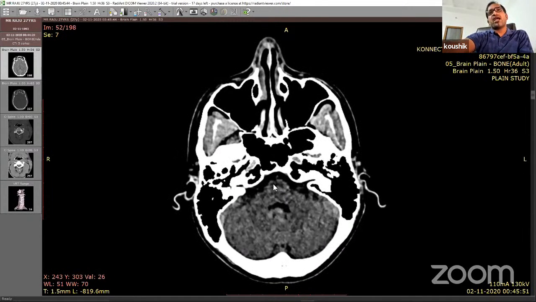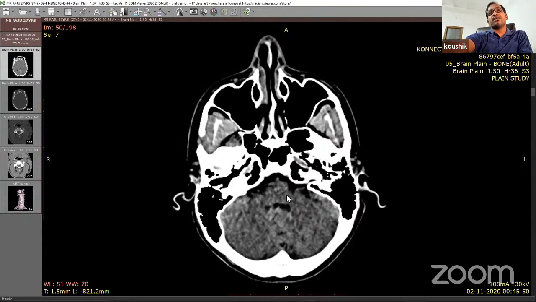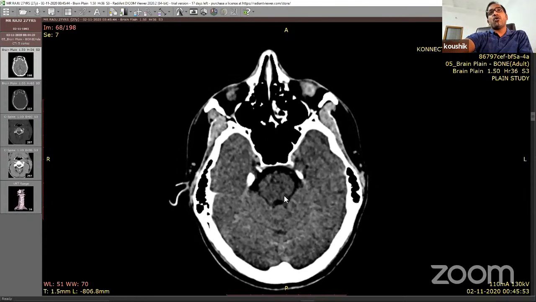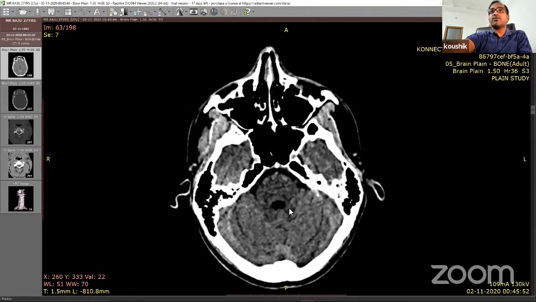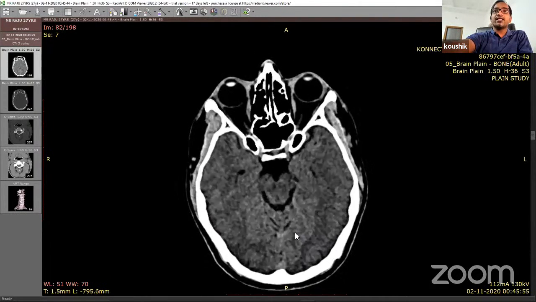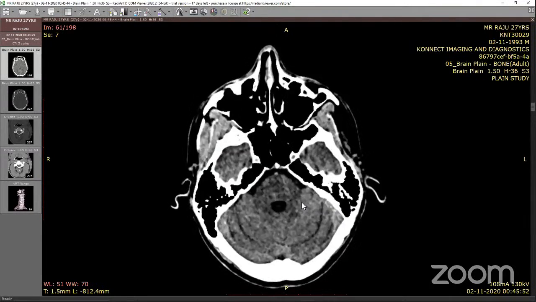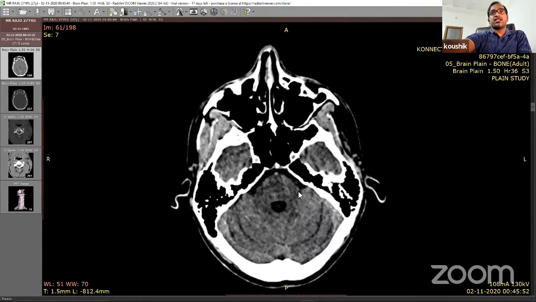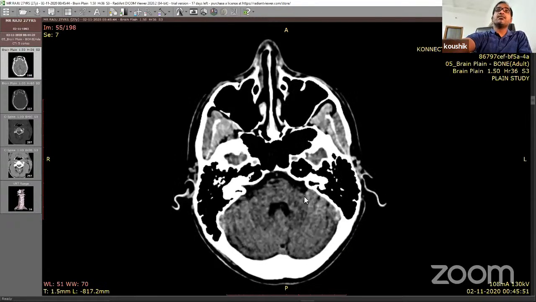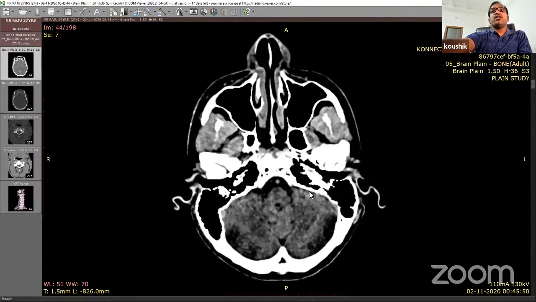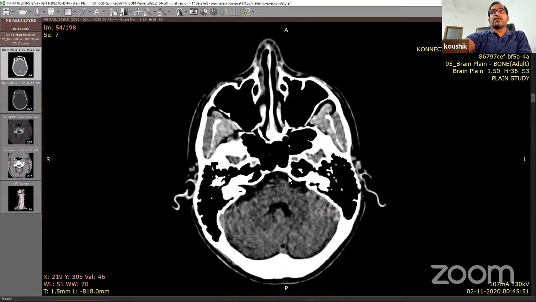If you see, we have some hypodense areas here in the pons. We may confuse whether it is an infarct or any other lesion, any demyelinating lesion, but it is normal. For any posterior fossa, especially brainstem, MRI is the investigation of choice, because in CT we have bone hardening artifact because of the adjacent dense bone.